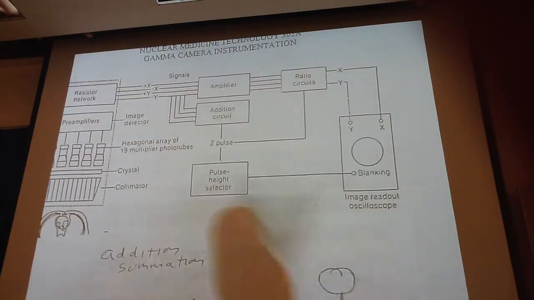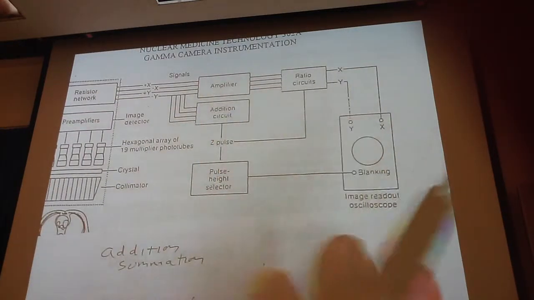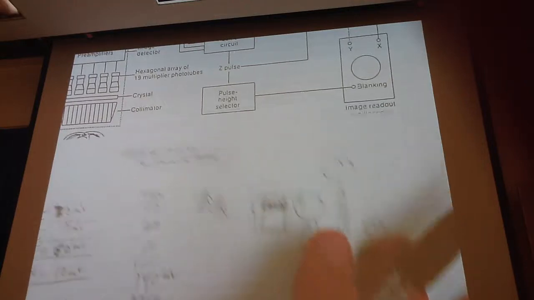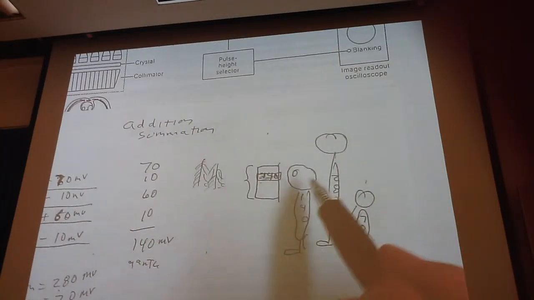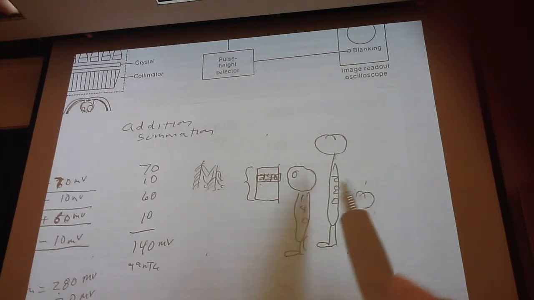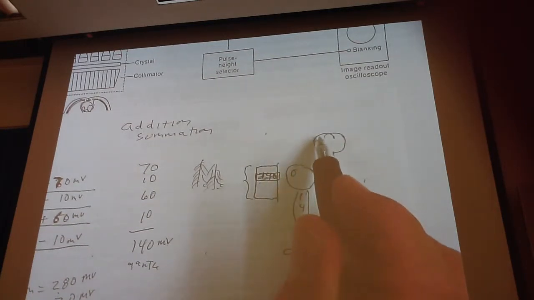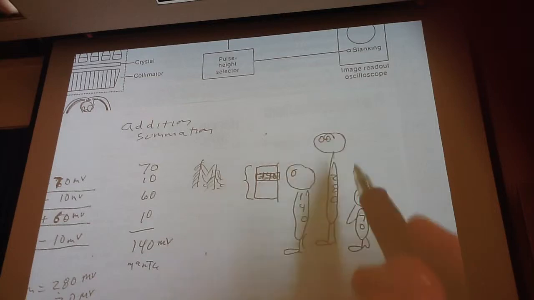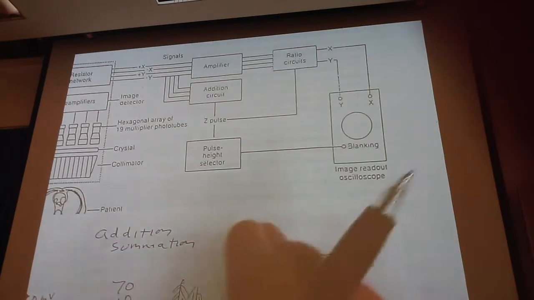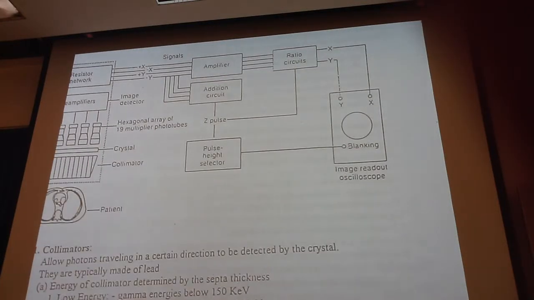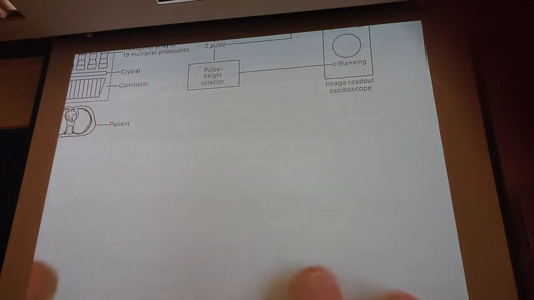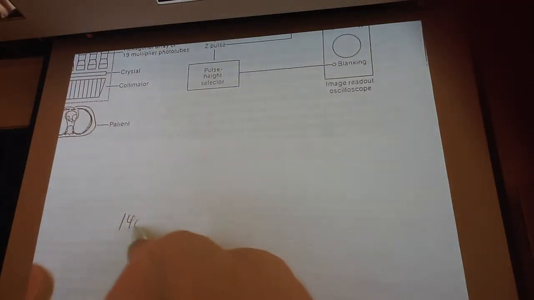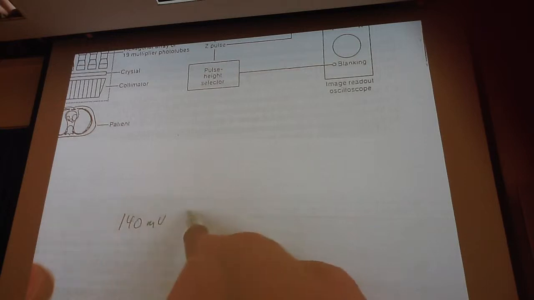But you have a device up here called an amplifier. What do you think I would need to do to allow my 280 volt person to look through that window? Let's assume this: I have 140 millivolts that's come into my summation circuit.